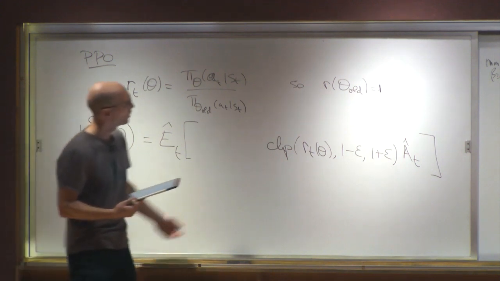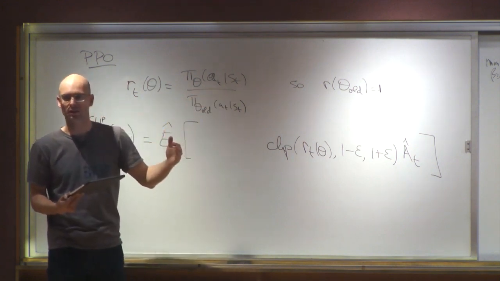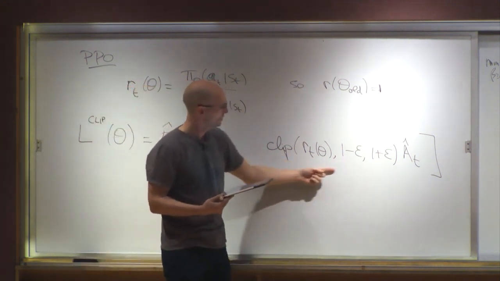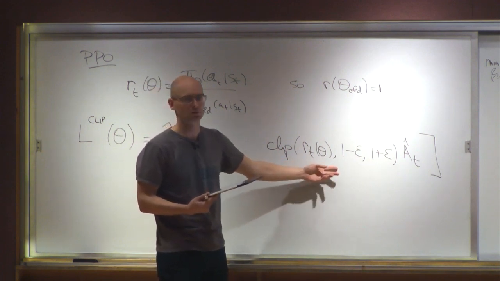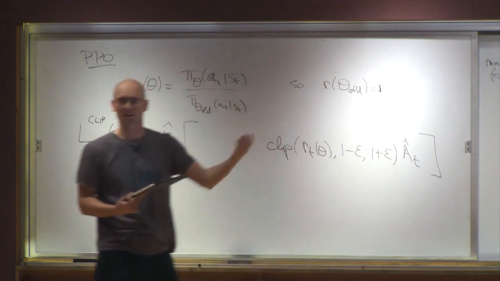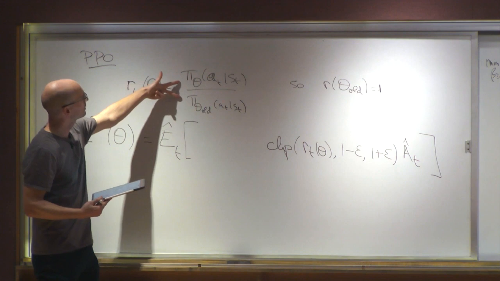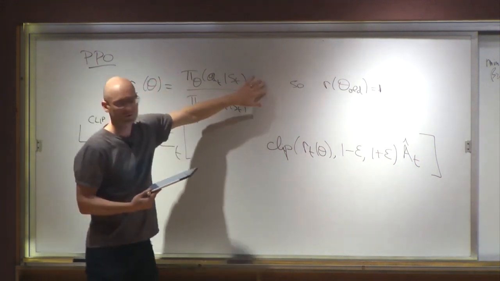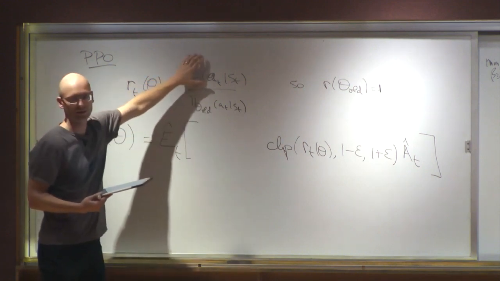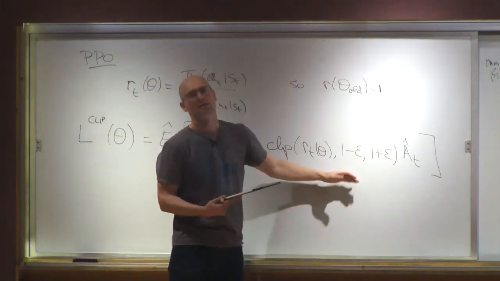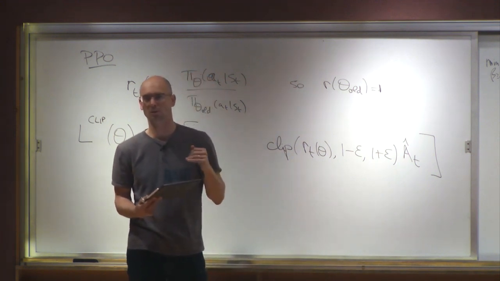And so once we pushed it so far that pi theta of action given state has become 1 plus epsilon, this thing will clip, meaning that the dependence on theta will disappear. And when we look at a gradient of the objective with respect to theta, that term will not contribute anymore. So even if we didn't clip, this term, due to a large advantage here, let's say, would try to keep pushing us to higher and higher probability on A_t given S_t. Due to the clipping, the optimization won't have access to that signal anymore, and it won't continue to push in that direction.